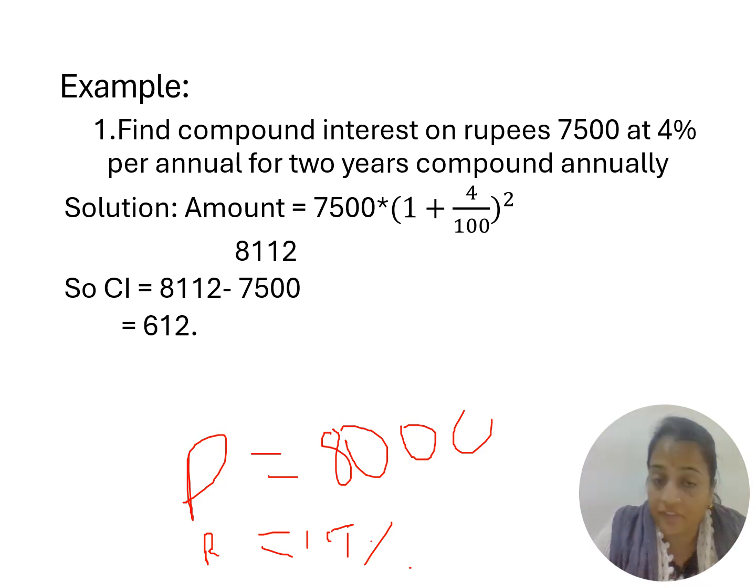So first we convert 4 months into years by dividing by 12. So 2 and 4 by 12, we get 2 1 by 3 years, and calculate the amount.